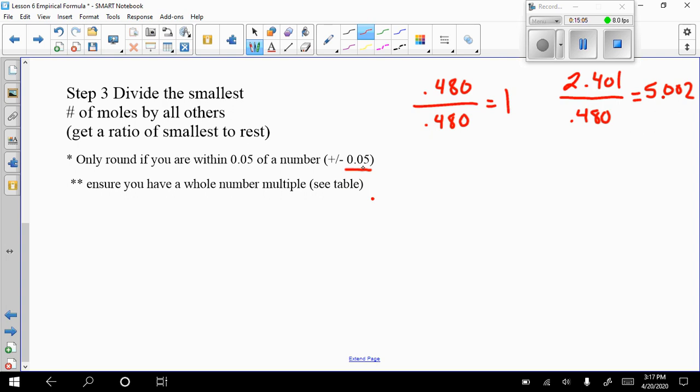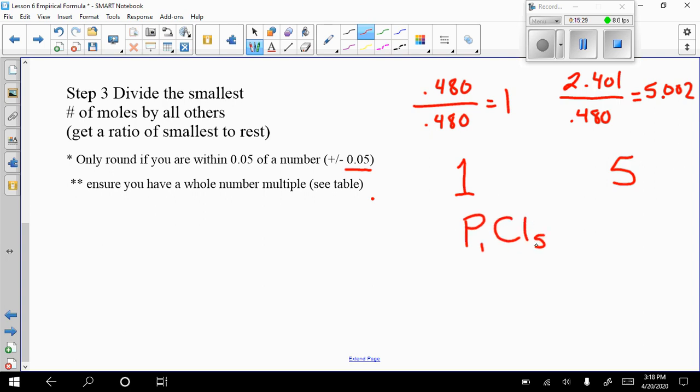Look at this. My final answer here for phosphorus is 1. Obviously, there was no rounding necessary. And here, because this one was 5.002, I'm within 0.05, so I can round it to 5. And so therefore, I know the empirical formula is PCl5.